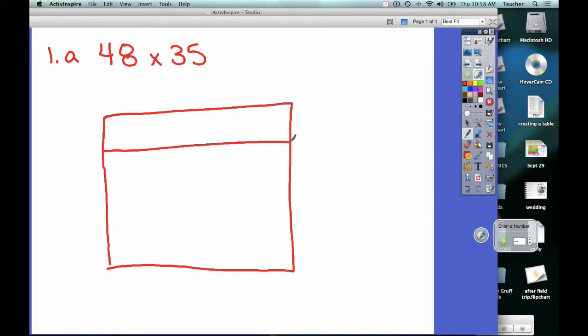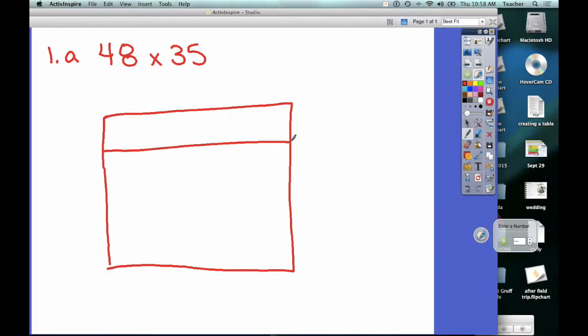Where would I put it? No? You put the 48. Mhm. You don't mess with it right now. You worry about the 35 because it's smaller than 48. Okay, so you worry about the 35.